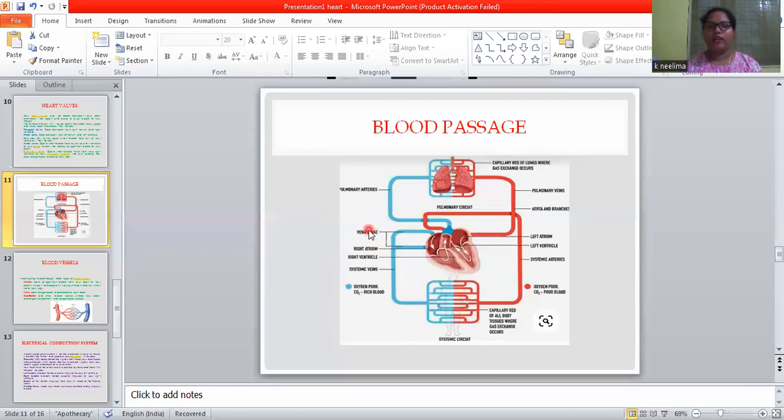Here the vena cavas are present. After the lungs, oxygenated blood is carried by the pulmonary vein to the left atrium, through the mitral valve to the left ventricle, and then passes to the aorta and on to all body parts. So this is the blood passage.